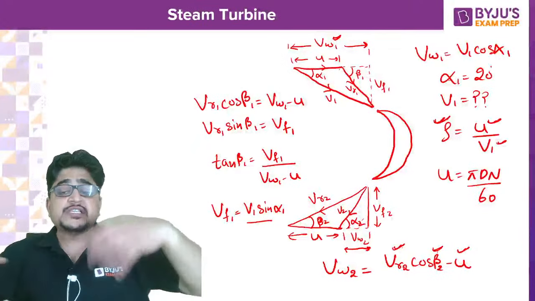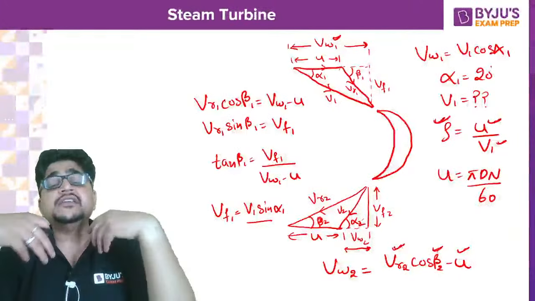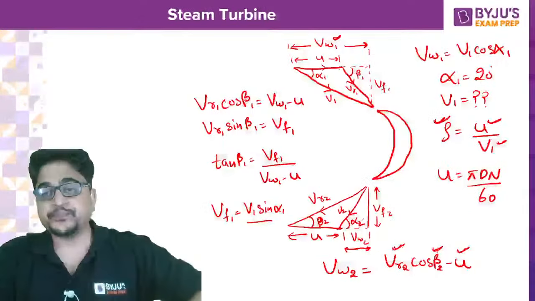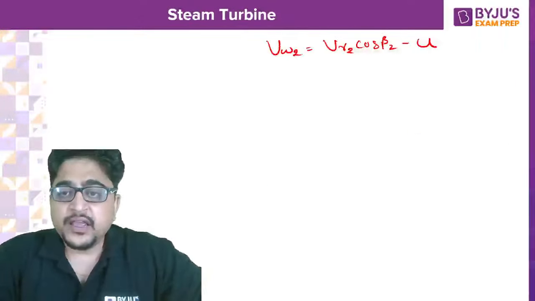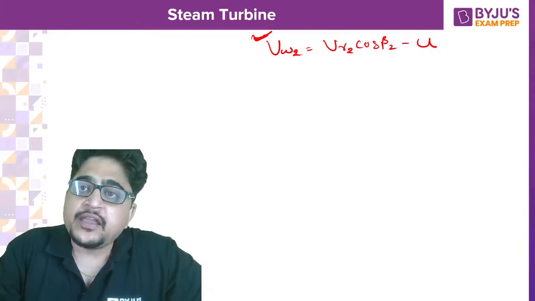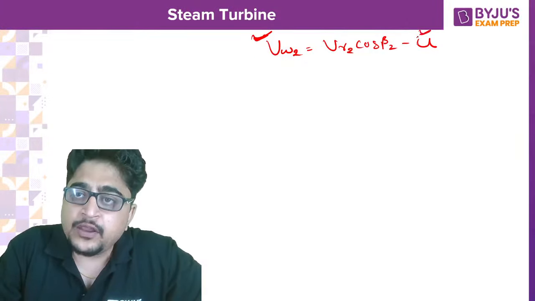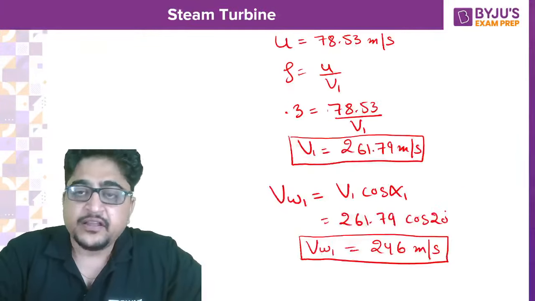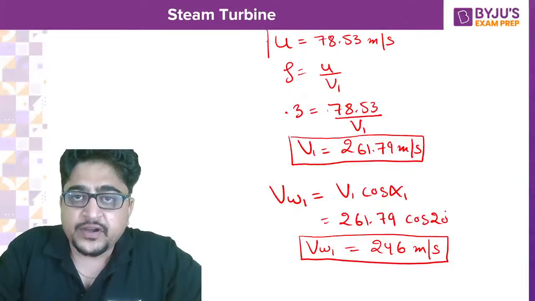You have to just manipulate what is not given in the question, how to find that. See, in this question I want the value of VW2. I know the value of U, which I have already calculated, that is 78.53.